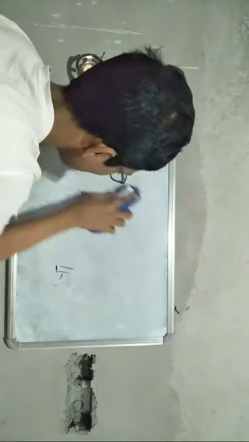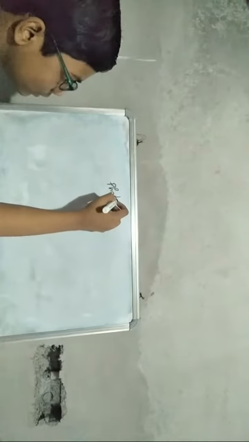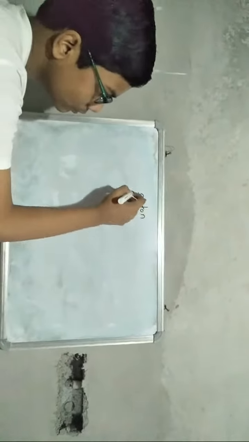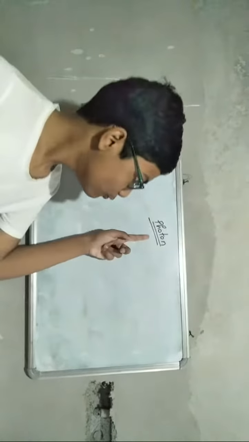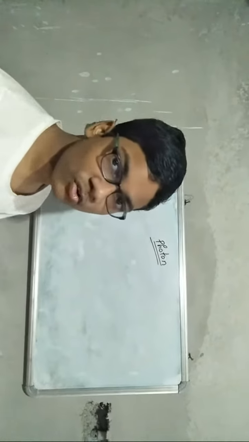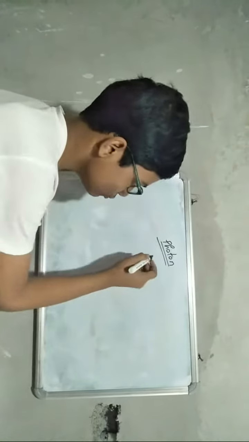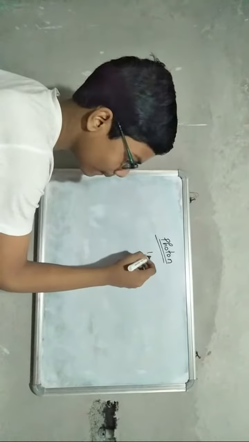Now a term is there that is known as this. This is known as photons. Now what are these photons? Light energy exists in small packets of energy. These energies are known as photons. I am writing a definition.